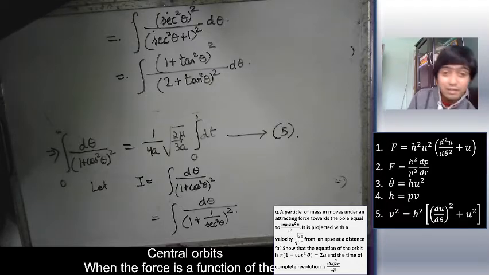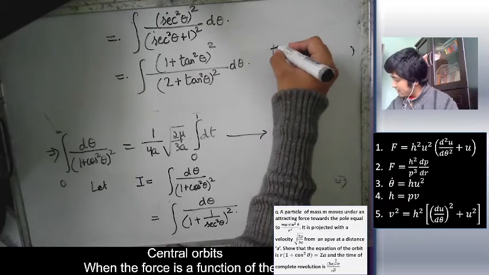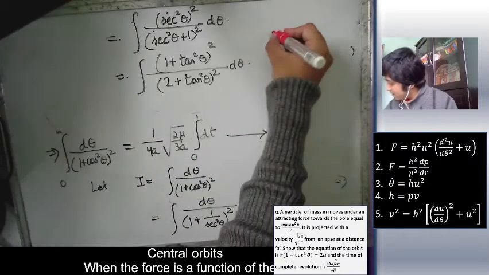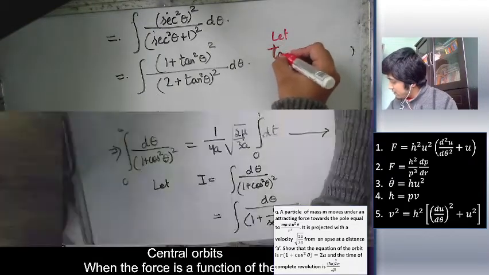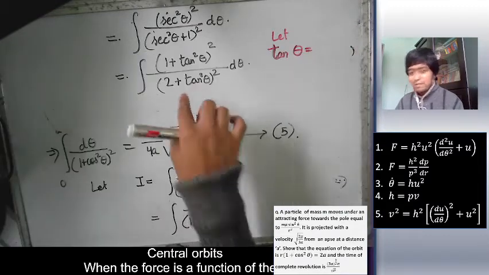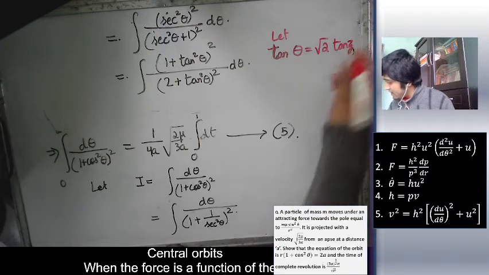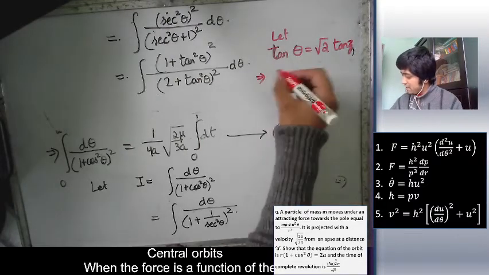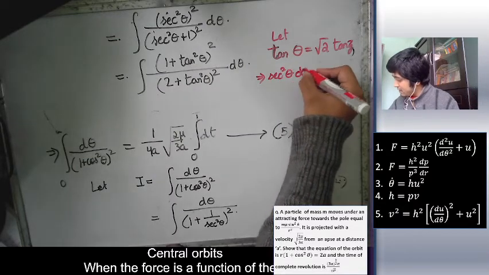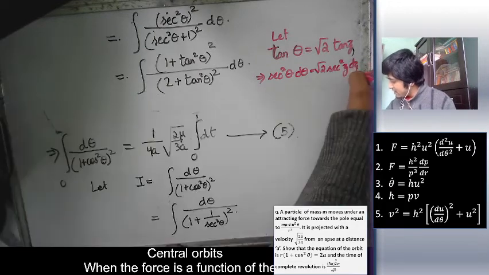If you substitute, we will try to make this look simpler. So the substitution will be, let tan theta, since it's squared and I want to simplify it, I will write it as root 2 tan z. We can differentiate everything, so it will become sec square theta d theta equal root 2 sec square z dz.